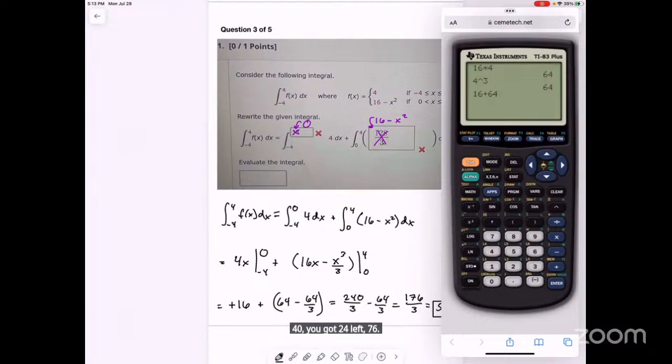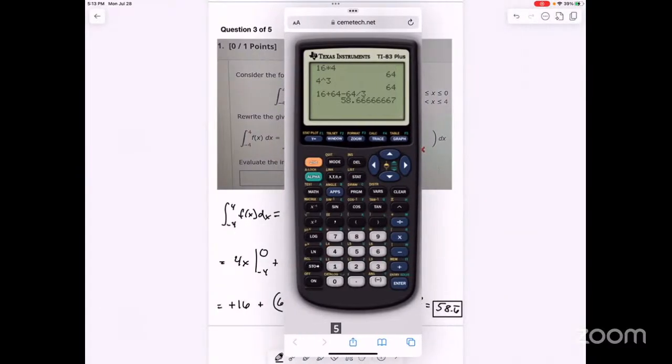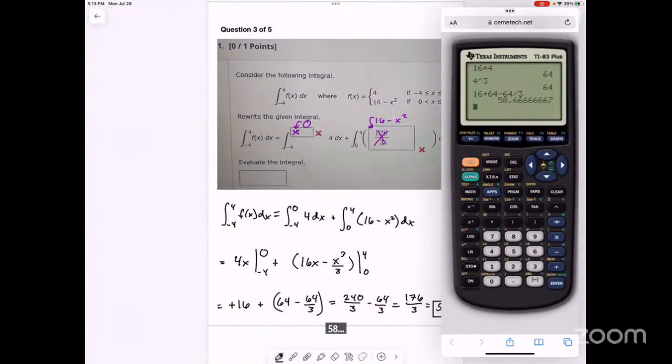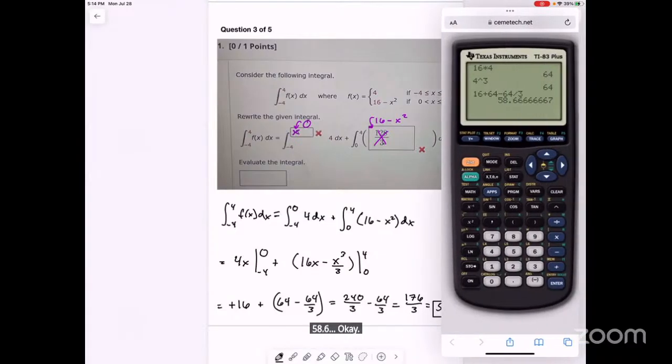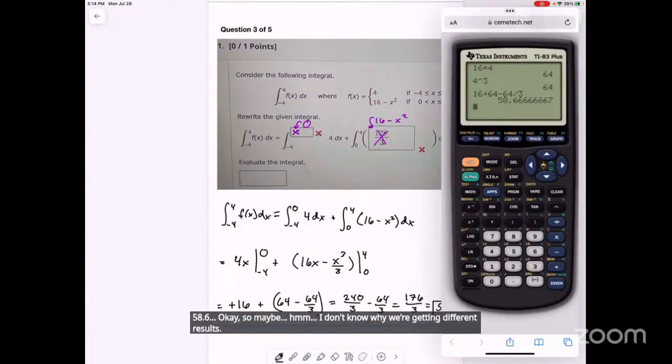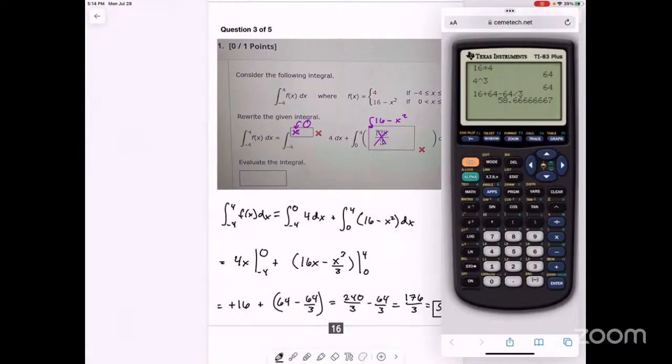Minus 64 over 3. 58. 58.6. Okay, so I don't know why we're getting different results. 16, 64, 64 over 3.